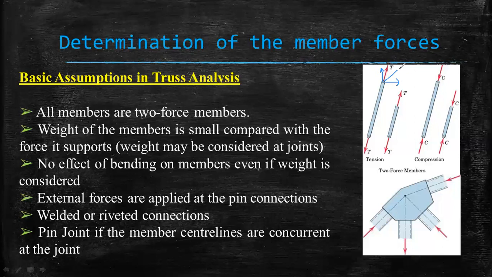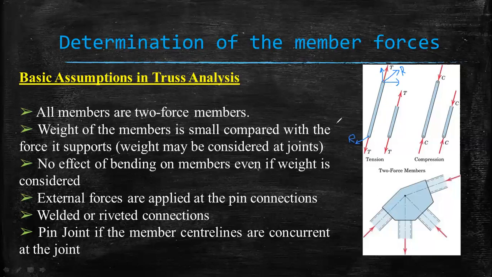In order to maintain equilibrium, if this is the resultant and the direction is this, there should be an equal and opposite force in the exact opposite direction to that of R. So there must be some equal and opposite forces.